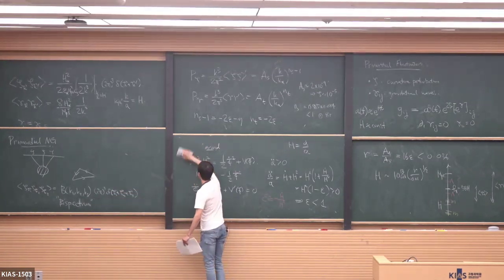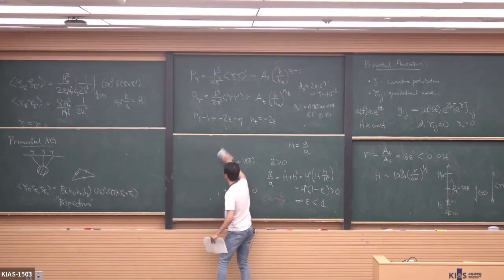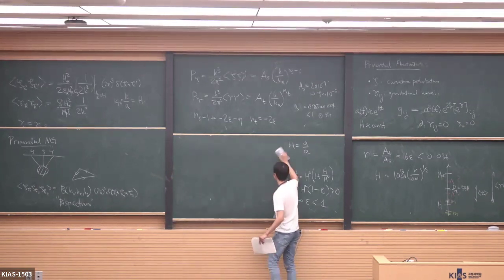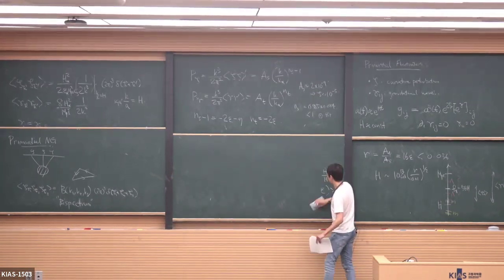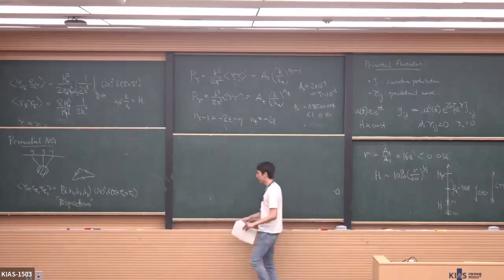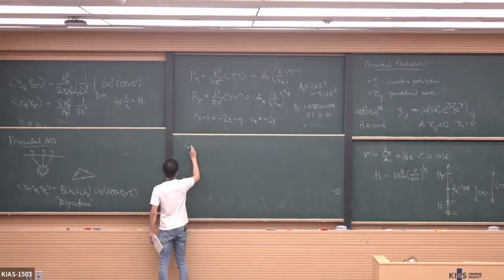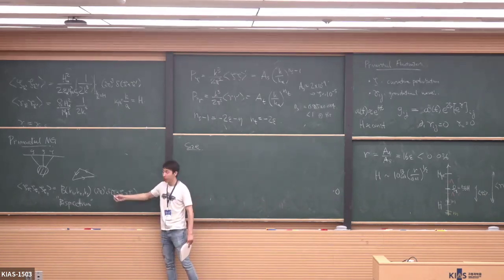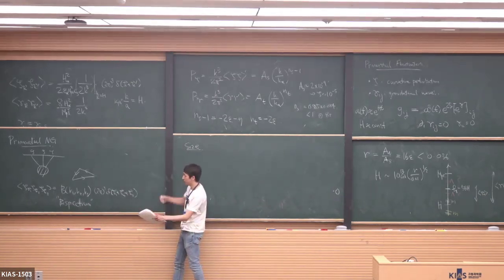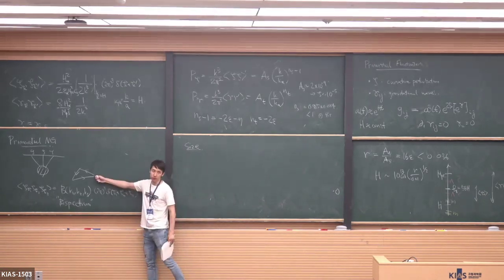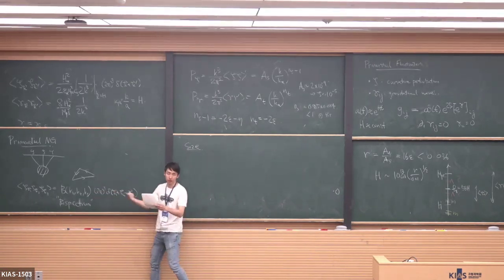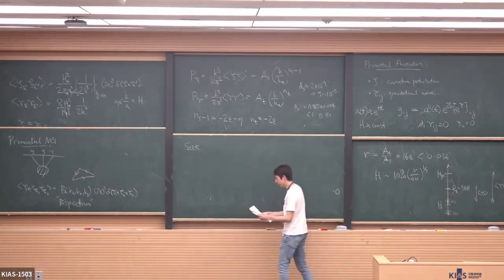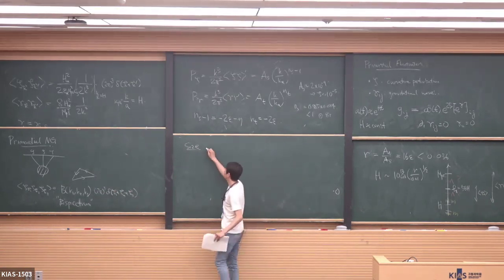And this non-Gaussianity is really characterized by its size and its shape. By size, I mean the overall amplitude for a given function, and by shape, I mean at what configuration of this triangle the function becomes dominant. So let me first talk about the size of non-Gaussianity.